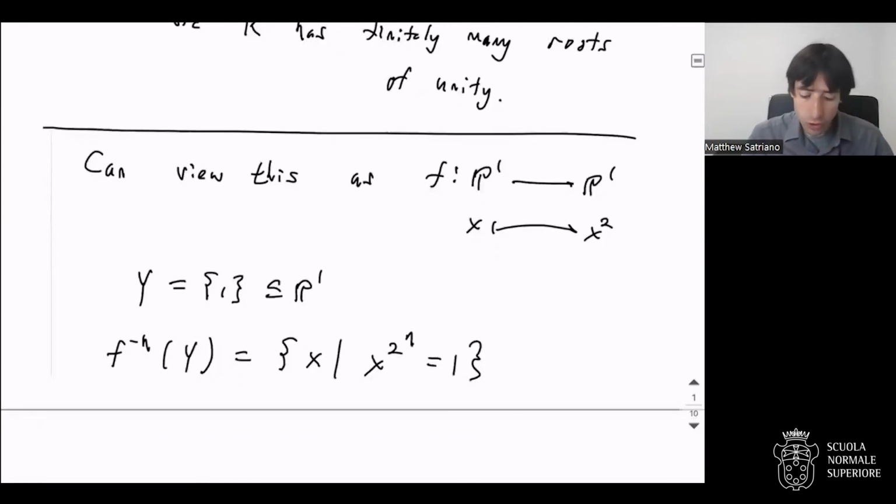We're saying that over a number field, if you're in a pre-image for n sufficiently large, then in fact you were in a pre-image of y for n much smaller.